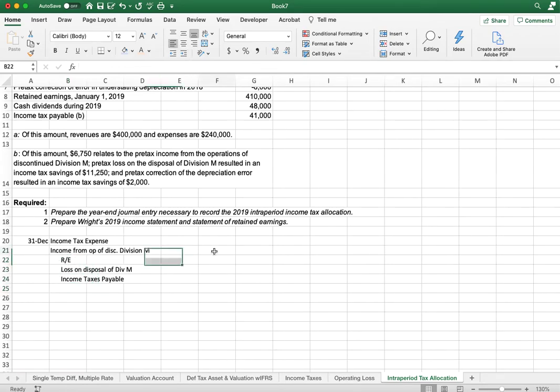And so we can start filling in some of this information. So the income from the operating of our discontinued Division M, we know that $6,750 relates to that pre-tax. So $6,750 will carry down.